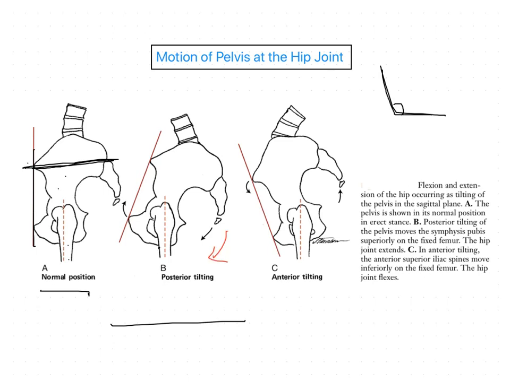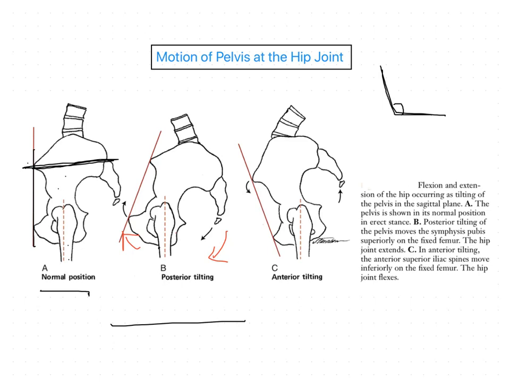Then what happens? This pubic symphysis comes upward. In this orientation, it causes hip extension. So the posterior tilting causes hip extension.